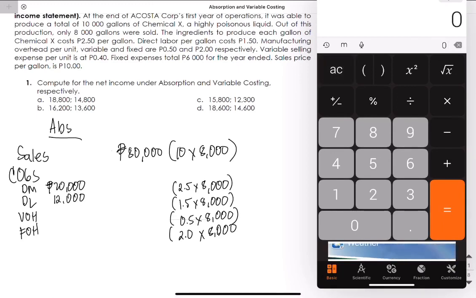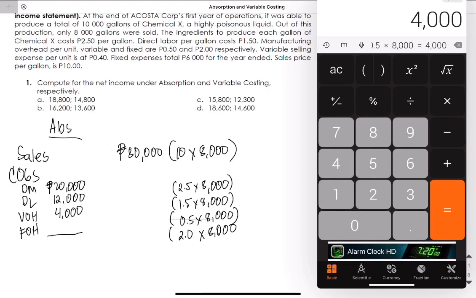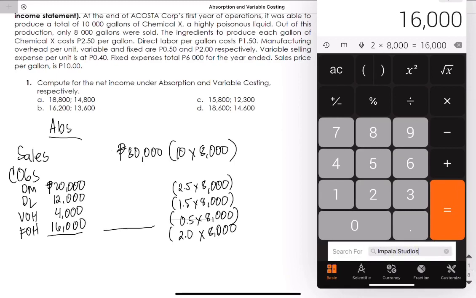For variable overhead, 0.5 times 8,000 is 4,000. And lastly for fixed overhead, 2 times 8,000 is 16,000. Then we add: 16,000 plus 4,000 plus 12,000 plus 20,000, so this is 52,000.